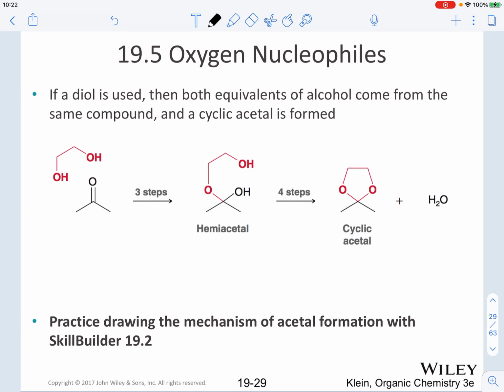Now, understand that instead of utilizing two equivalents of the alcohol, we can get around that by utilizing in our reaction a diol, okay? And a diol just means a dialcohol. And as you can see here, this is an example of a diol.